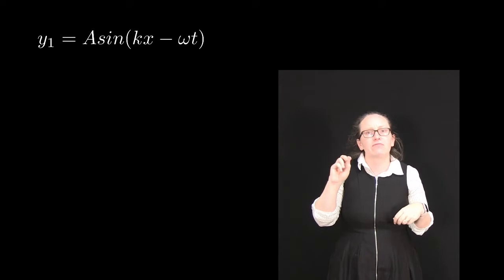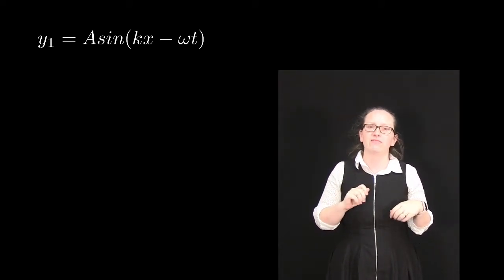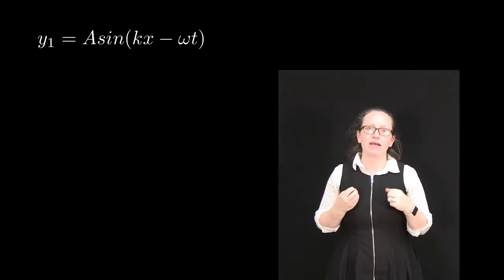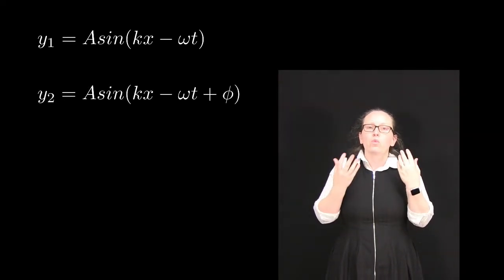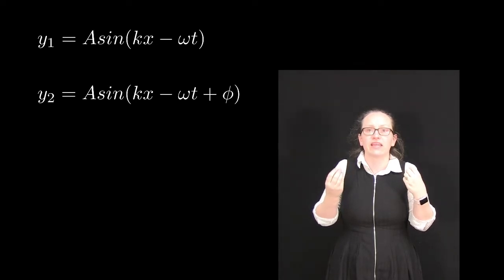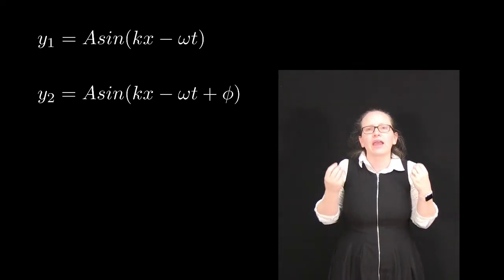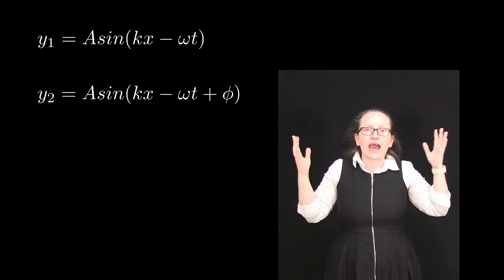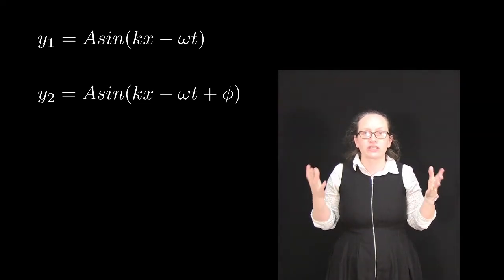Now the second wave that we want to add to that first wave is identical apart from its phase. So it's described by the wave function y2 is equal to A sin(kx - ωt + φ). And now to get the superposition of these two waves, we just need to add these two wave functions together.